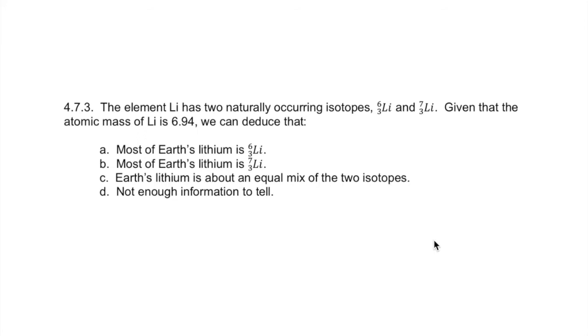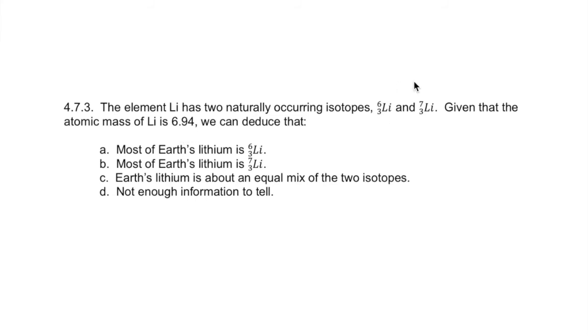I didn't want people to get too bogged down in all the calculations and not really have a feeling for what this means. So if we have 2 different isotopes, lithium-6 and lithium-7, making up the lithium that we have here on Earth, and we see that in the periodic table we report, or we can find that the average atomic mass is 6.94.